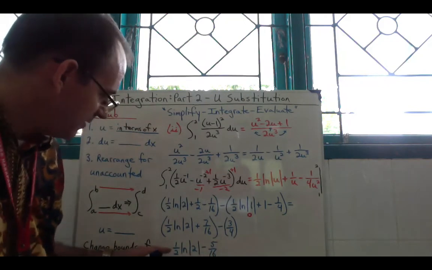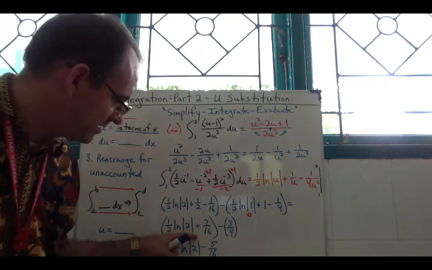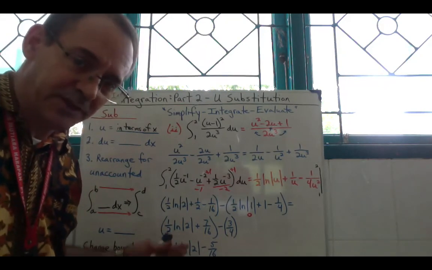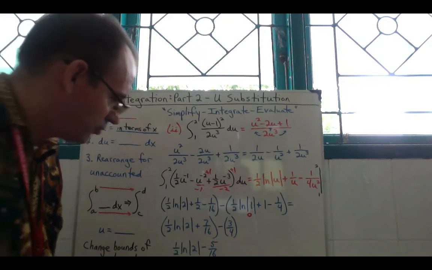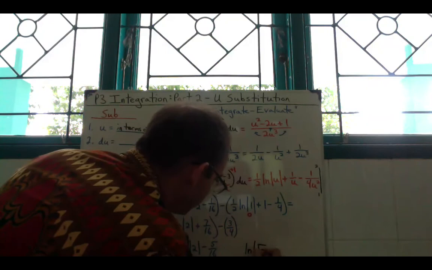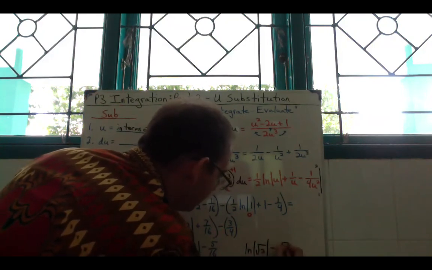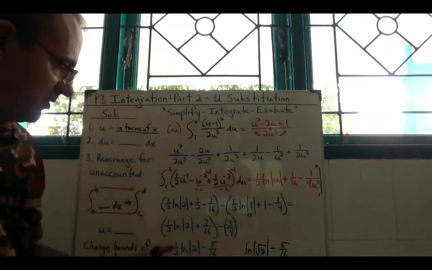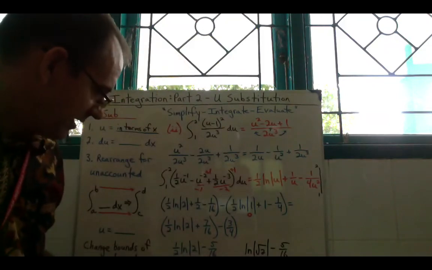You could have taken the 1/2 and moved it up as the exponent, which would give you a ln of root 2. So you could have ln root 2 minus 5/16. That one would also be correct, but this is the form that they have in the mark scheme.